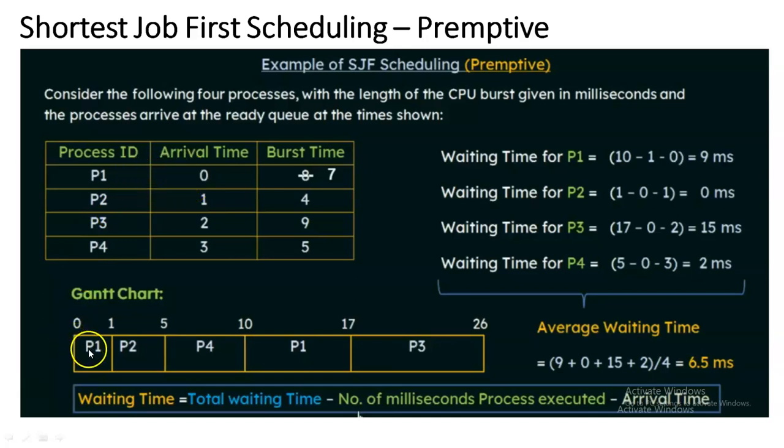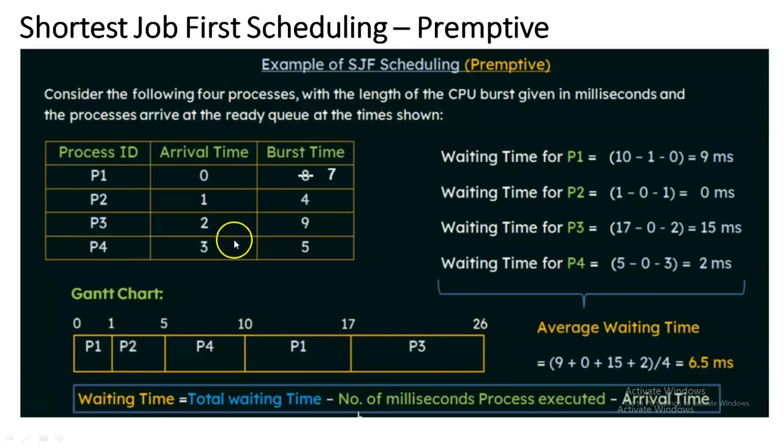So start with P1. Now you serve P1 from 0 to 1, but in our example at the arrival time of 1, P2 has arrived. As this is an SJFS algorithm, the major thing you are going to consider is whichever process in the queue or at the arrival time is the shortest one, that process should be served first by the CPU.